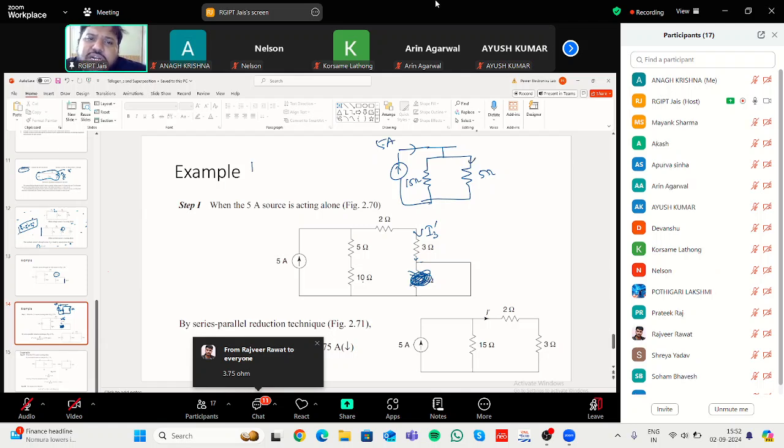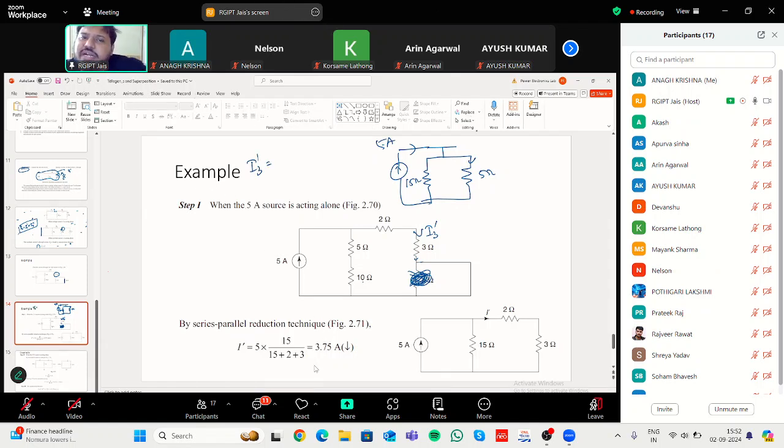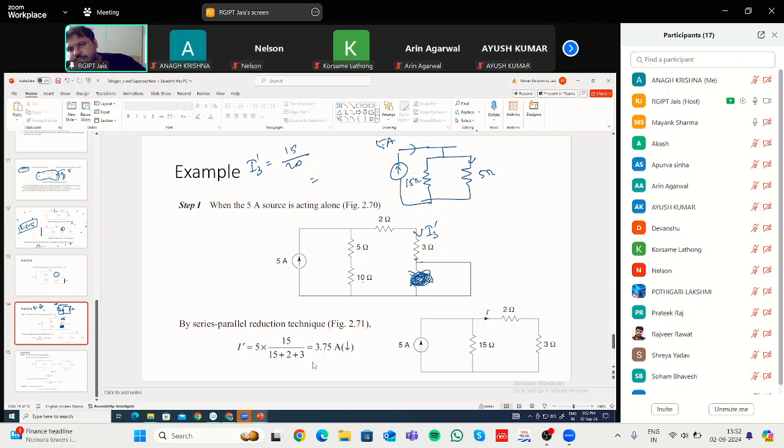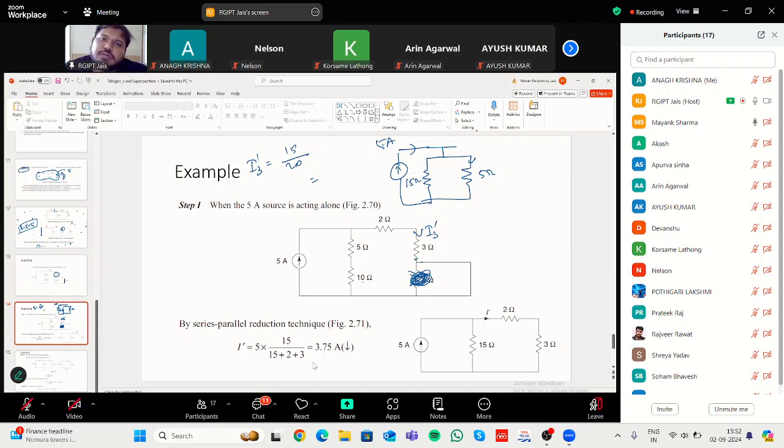So using the current division rule, your I3 dash will be 15 divided by 15 plus 5, that is 20. So 3 by 4.